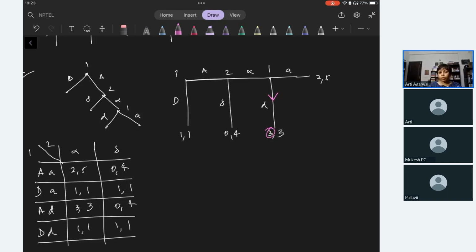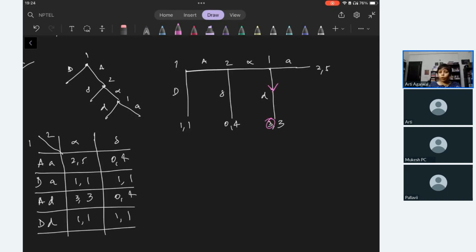Now 2 knows that if 2 chooses alpha, 1 is going to choose D, right? 1 is not going to play the part A. So even though 2 can get a higher payoff if 1 chooses A, 2 cannot choose A. Only 1 can choose A. And 1 is not going to choose A. 1 is going to choose D, right? So 2 has to compare his payoff between alpha and delta, knowing that 1 is going to choose D in that part of the subgame.